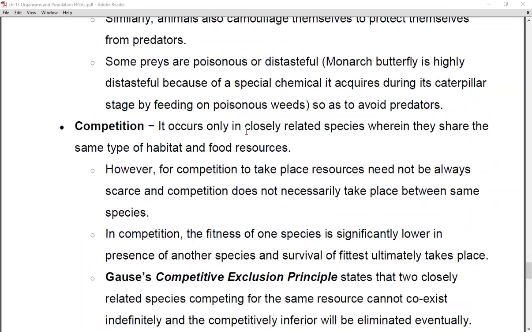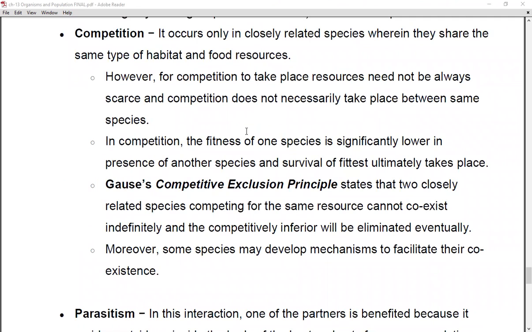Second is competition. In competition, as the word itself says, there will be some competition between species, related species, for the same type of habitat as well as food resources, right?